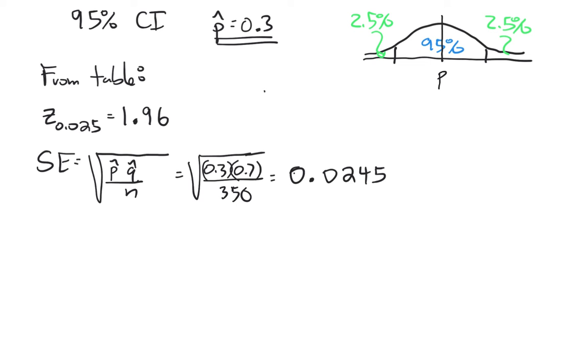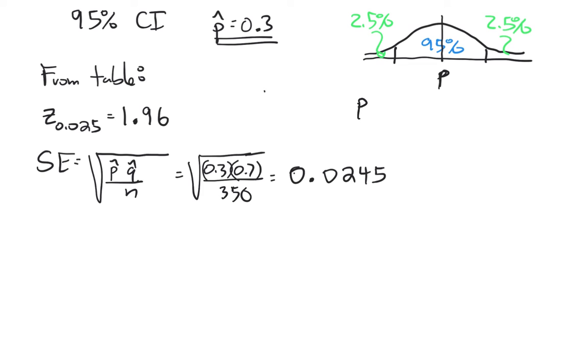sampling distribution, which has the same mean as the population distribution, just like for sampling distributions of means. This also holds, which is great. And maybe I'll write that as well, the mean proportion in our sampling distribution.